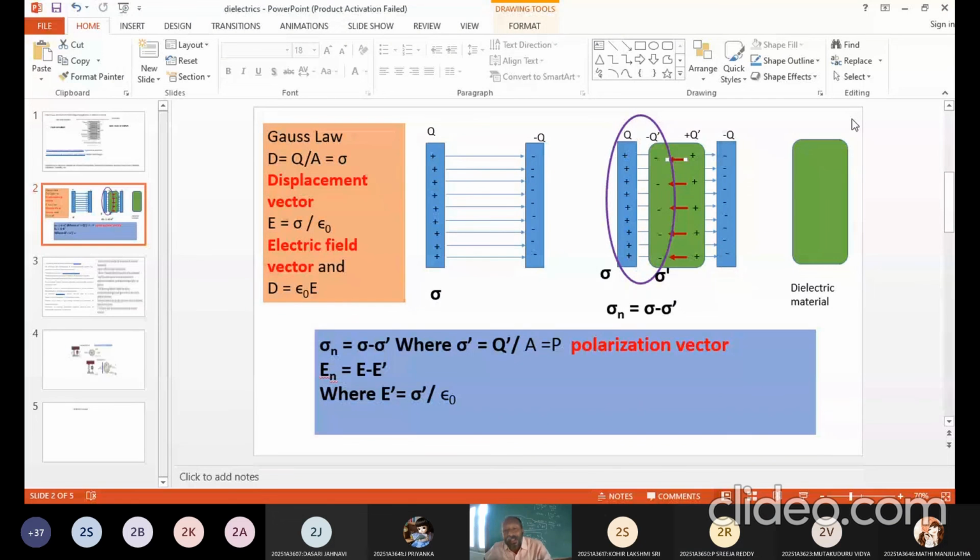Electric field lines generated because of polarization. Excellent. These red lines are the electric field lines produced because of polarization. In this unpolarized material, you don't have these lines of force.